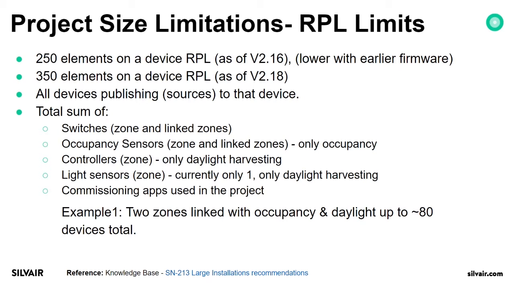So, for example, 2 zones linked with occupancy and daylight harvesting can have up to 80 devices in total for the maximum of RPL.